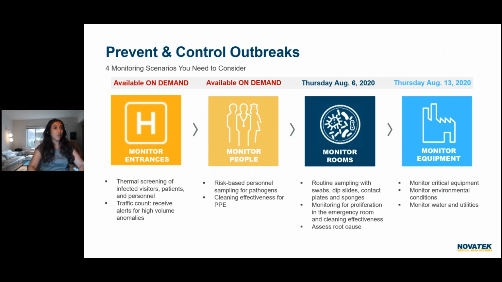So just to go over the 4 main risk areas that DCH looks at and controls and manages from A to Z. One is monitoring of entrances through thermal screening. What's nice about this is it's a completely automated process. Aside from setup, it doesn't really require human interaction.